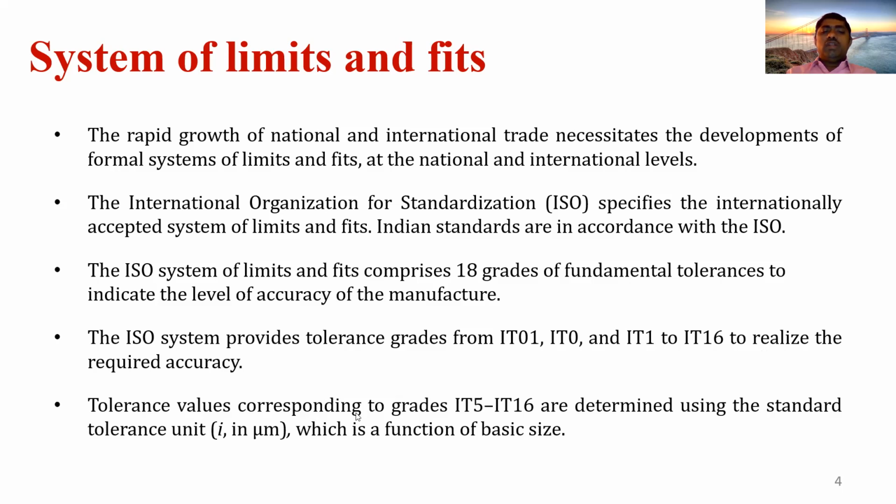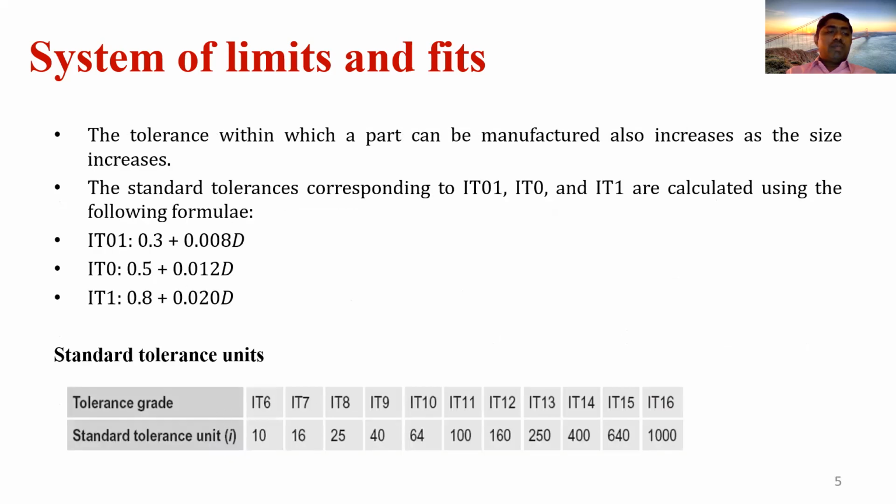The tolerance values corresponding to IT5 to IT16 are determined using the standard tolerance unit i, expressed in micrometers, which is a function of the basic size. We'll see what this is. The next one is the tolerance within which a part can be manufactured, which also increases as the size increases.